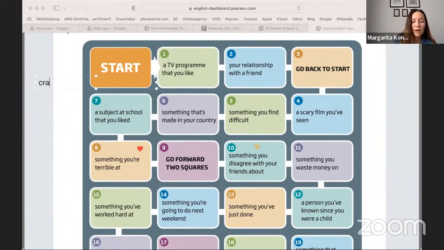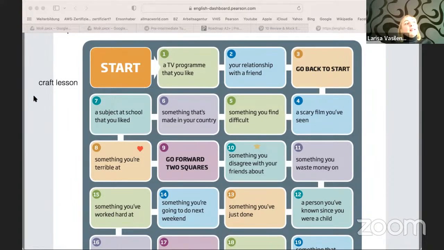You can call it a craft lesson. And finally, I knitted a dog with three legs. Yes.